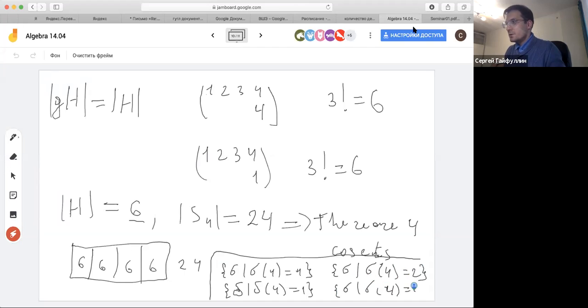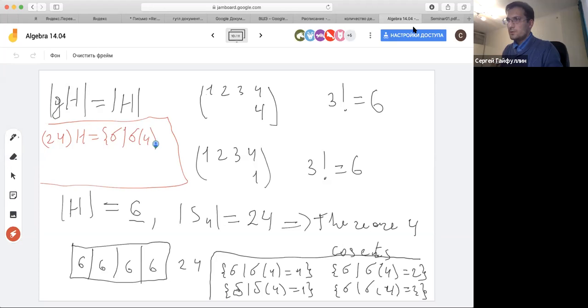It's reasonable because, for example, if we have one permutation which takes 4 to 2, for example (2, 4), this coset is just all sigma such that sigma of 4 equals 2.